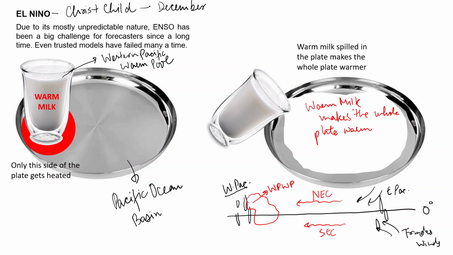So imagine that there is some mechanism by which this Western Pacific warm pool water starts to flow back towards Eastern Pacific. I'm making this in brown color. Let us say that it starts flowing towards Eastern Pacific. So this whole area will now become warm. Why does this happen?